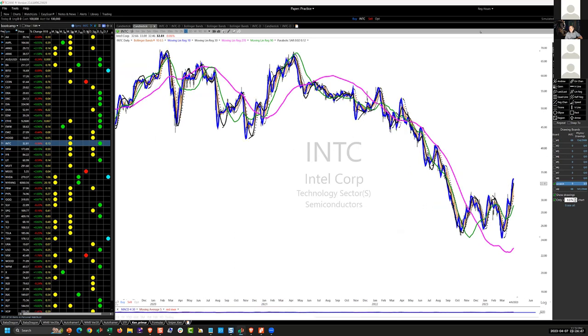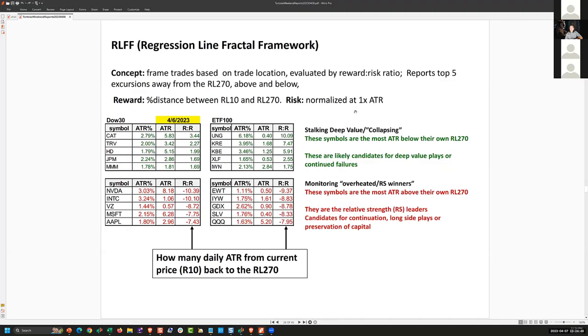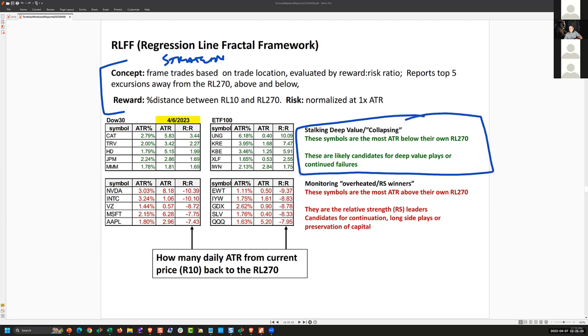So what the regression line fractal framework does is it's a strategy that lets us find exceptionally interesting positions at the extreme, some that are beaten down for deep value and maybe further failure, deep value plays or continued failures, or overheated RS winners.